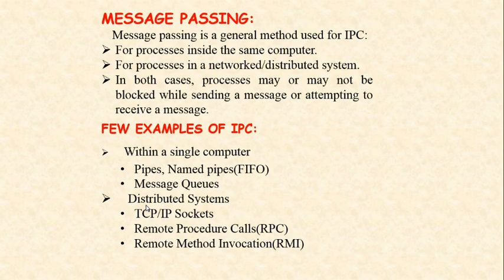In both cases, processes may or may not be blocked while sending a message or attempting to receive a message. Examples of IPC in a single computer include pipes, named pipes, and message queues, whereas examples of IPC in distributed systems are TCP/IP sockets, remote procedure calls, and remote method invocation.